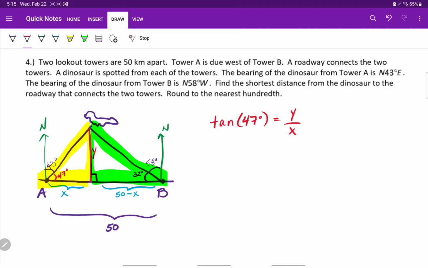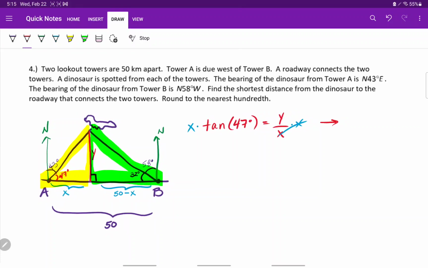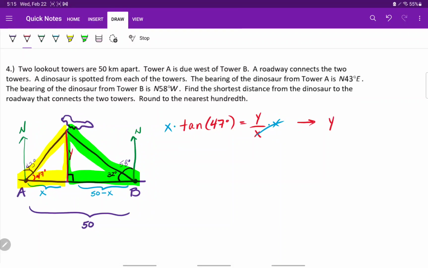And I want to solve this for y. So I'll multiply both sides by x. And that's going to give us y to be equal to x times tangent of 47 degrees.